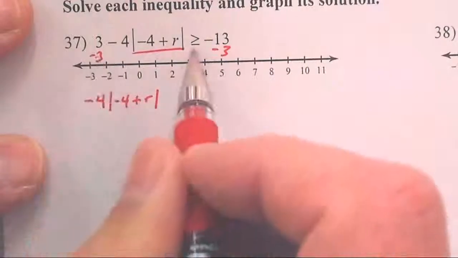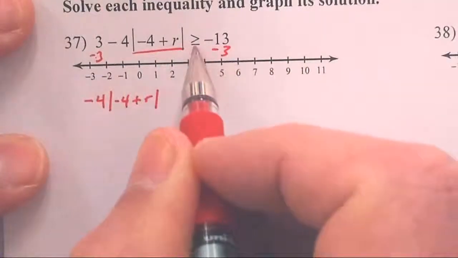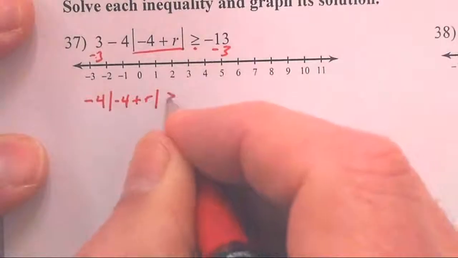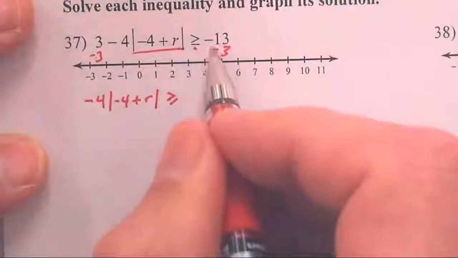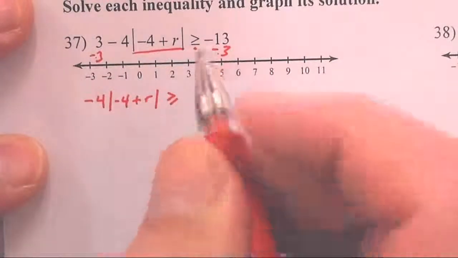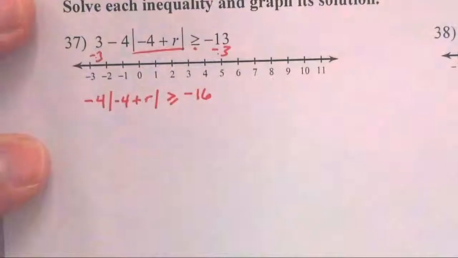When I subtract on both sides of an inequality, the sign stays the same. Greater than, less than, stays the same. Negatives mixed with negatives get along, so we add those. We have a total of 16 negatives.